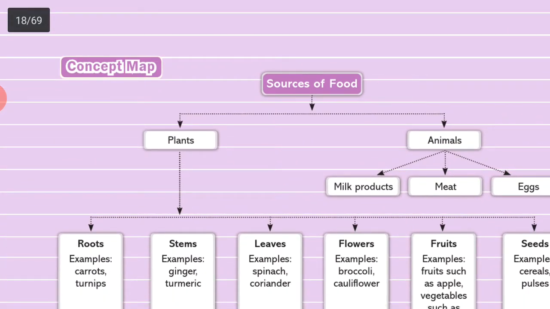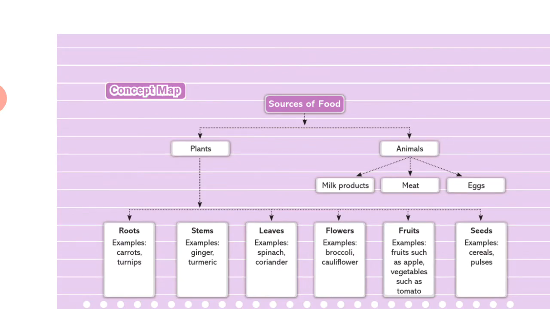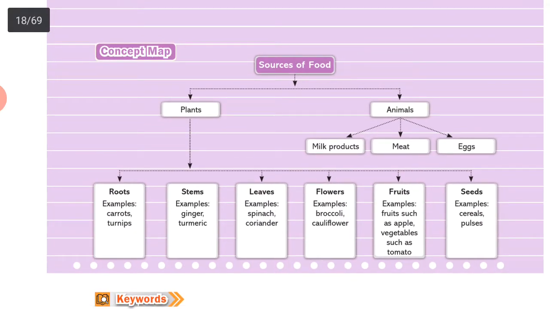Now the concept mapping, the important segment of the chapter. What we discussed in the chapter: sources of food was our chapter title, and the sources can be plants and animals. Animals provide us milk, meat, and eggs.